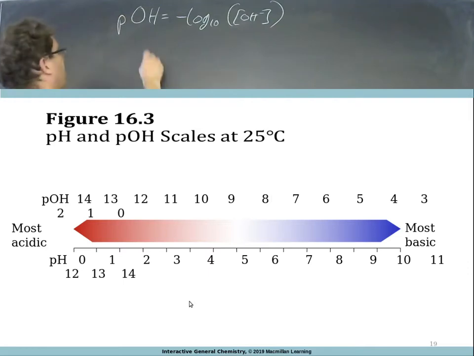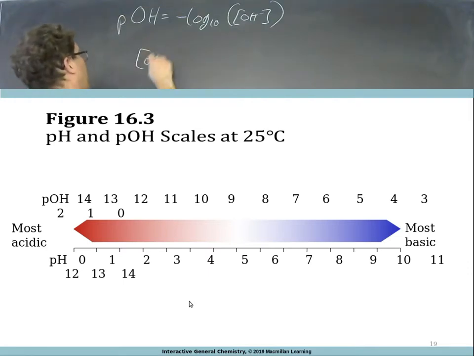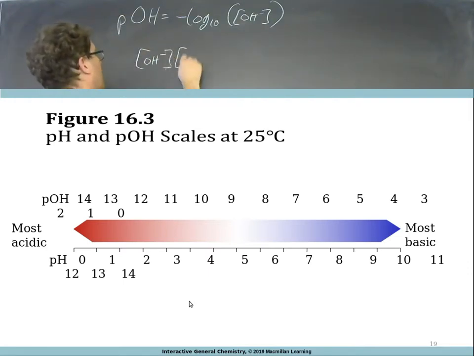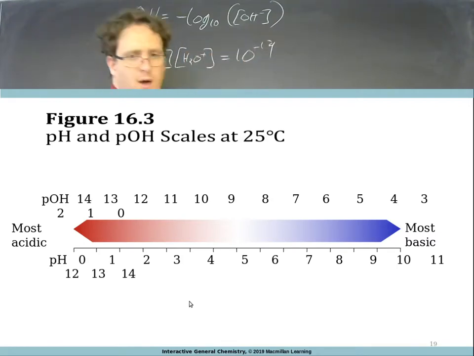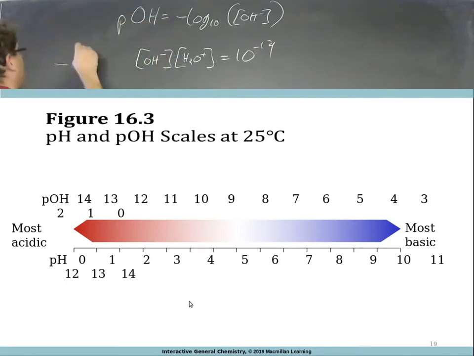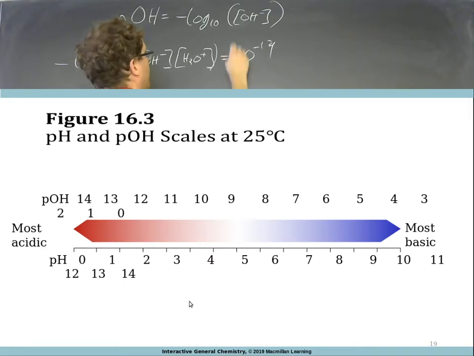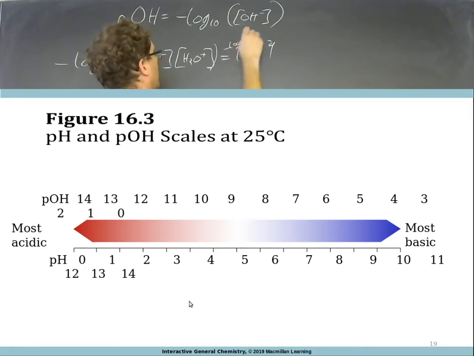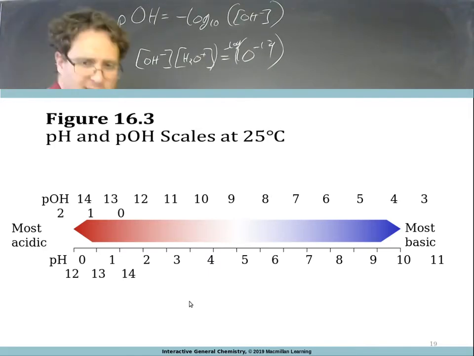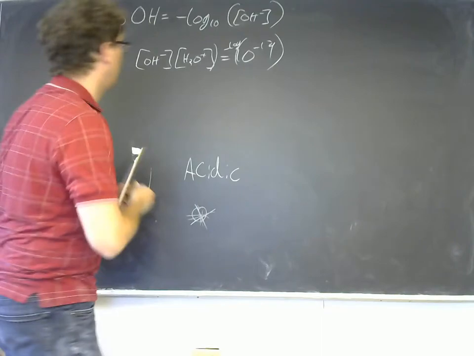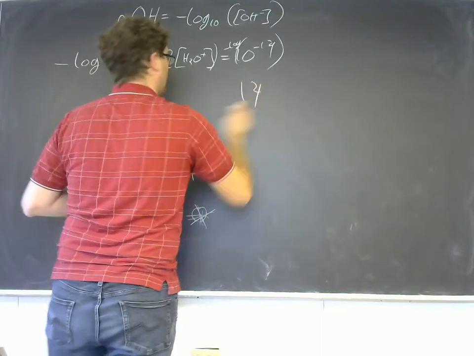If OH minus times H3O plus is equal to 10 to the negative 14th, well, what if we take the negative log of both sides of this equation? The negative log of 10 to the negative 14th is 14.